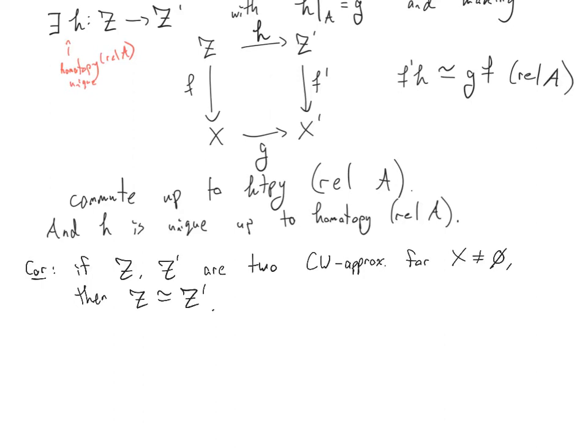So CW approximation, this complicated process of gluing on infinitely many cells, where we made lots and lots of arbitrary choices of generators, is unique up to homotopy.